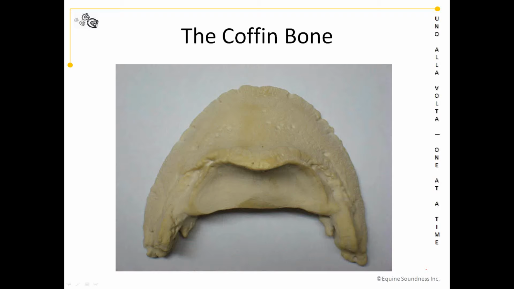So this coffin bone has its distal border. Remember, we talked last time about the terms. The distal border here, and these structures here are named the palmar processes.